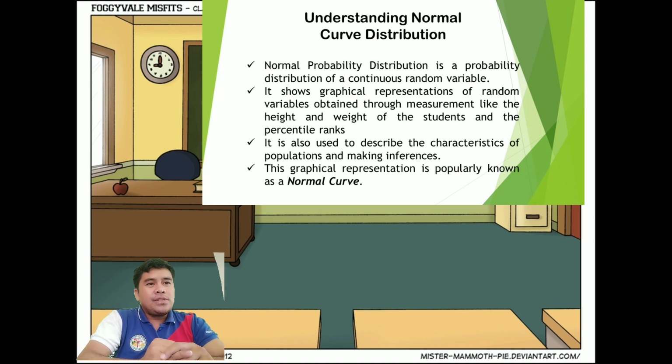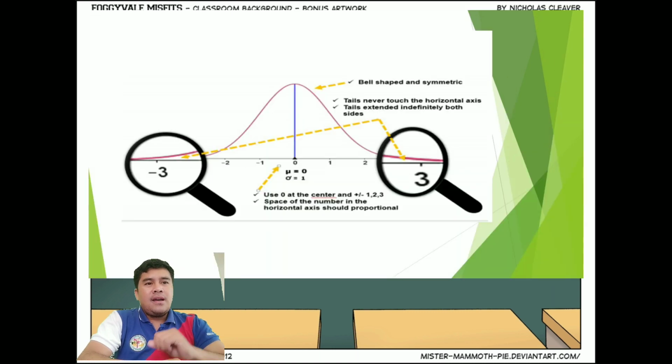It is also used to describe characteristics of the population and making inferences. This graphical representation is popularly known as a normal curve. Just observe that the normal curve, this is the representation or illustration of the normal curve.